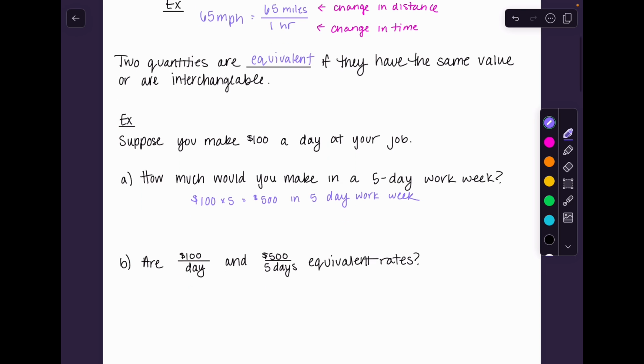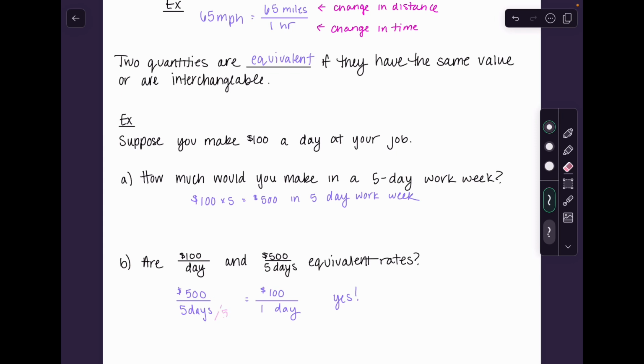And the way I could actually show this is if I take this larger quantity, which is $500 over 5 days, and I reduce this by taking the top and dividing it by 5 and doing the same thing on the bottom. 500 divided by 5 is 100. And then 5 divided by 5 is 1. So it's exactly the same thing as making $100 for 1 day. So yes, these two are equivalent to each other.